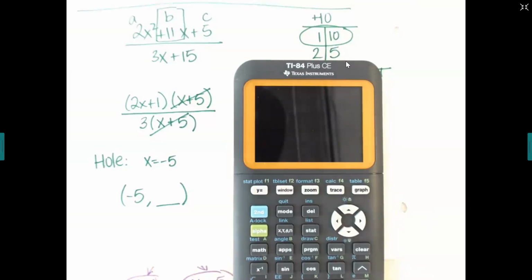Okay, now for the bottom, what can you take out of both of those? There will be an x. Is there also a number? 9 and 30. What can they both divide by? So take out a 3x. And then what's left over? Open your parentheses. Yes, perfect. Okay, now is anything going to cross out?